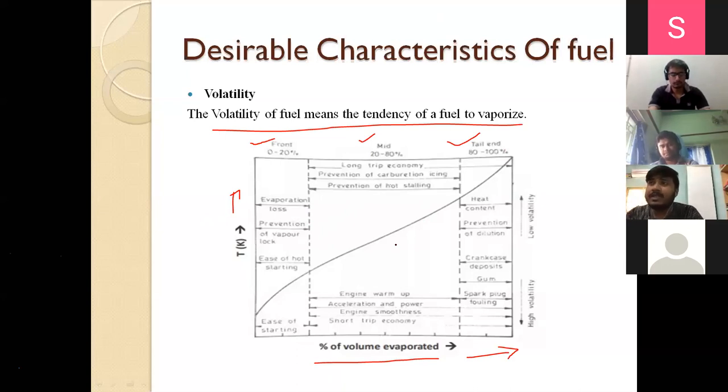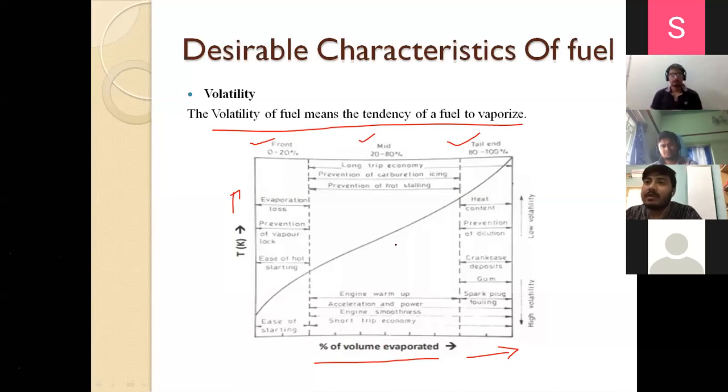Its volatility is less. As I have told you, we need to increase the volatility for a homogeneous mixture of the fuel. So a low volatile fuel is not desirable for IC engine fuels.